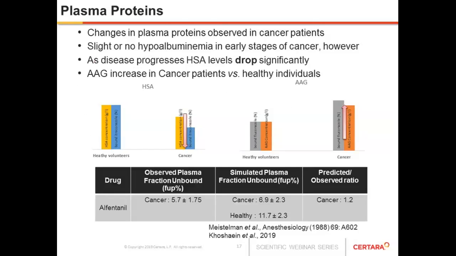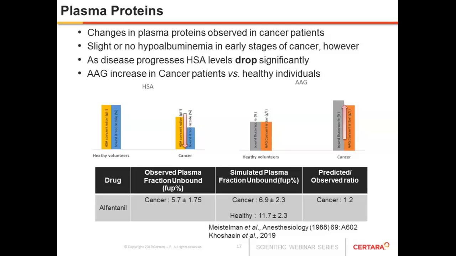Another essential part of predicting exposure is looking at concentrations of plasma proteins. And typically there are changes observed in cancer patients. So albumin is one of the important proteins for binding of drugs in plasma.